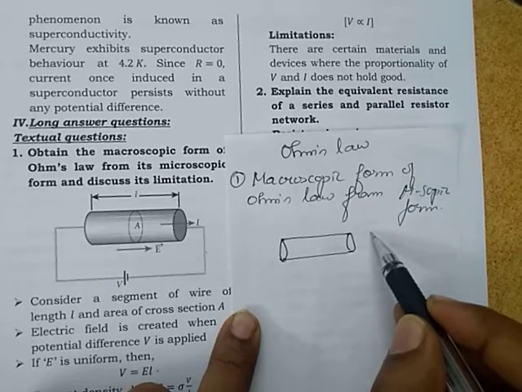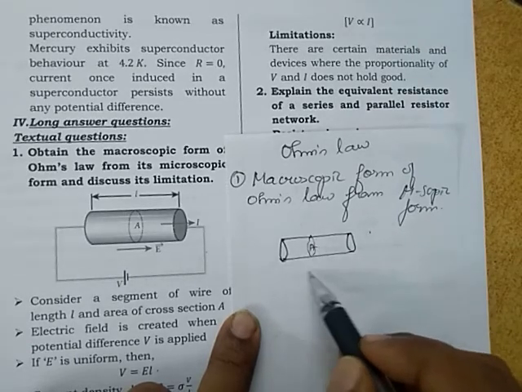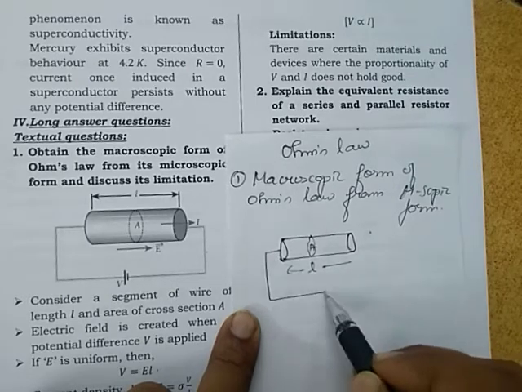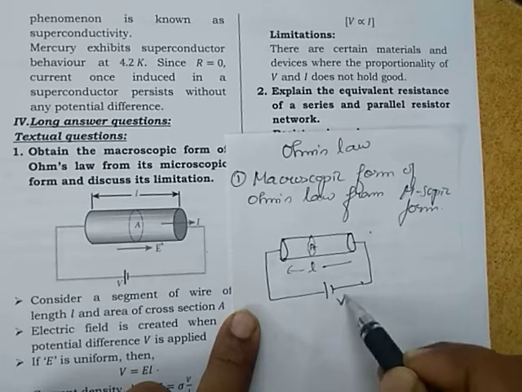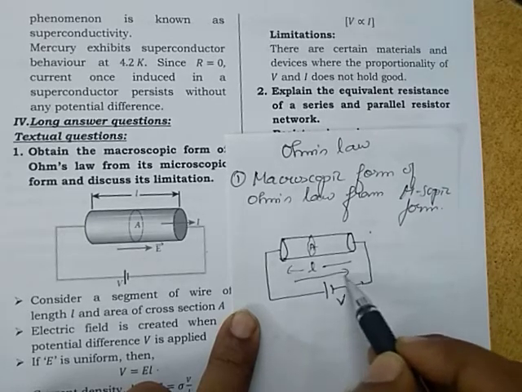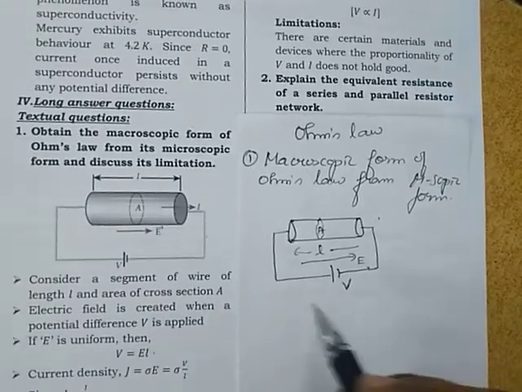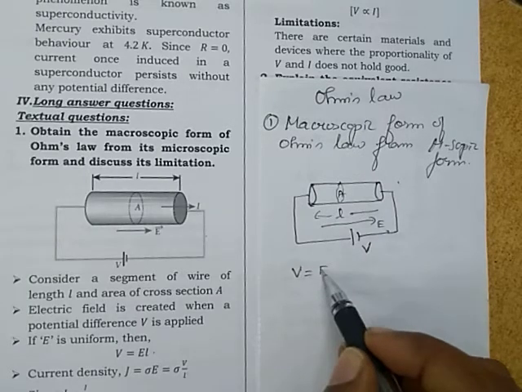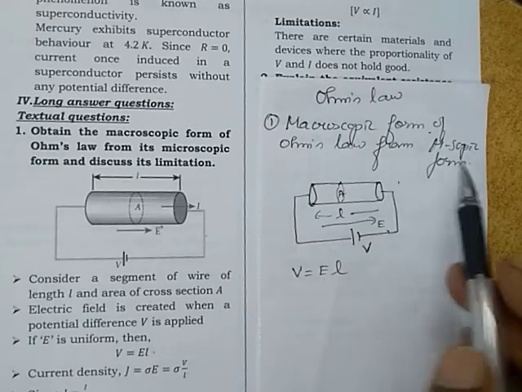This conductor has area A, and the length of the conductor is L. This is connected with a battery source providing potential difference V. Due to this, it will create an electric field from left to right. If we suppose the electric field is uniform, we can construct V is equal to E into L.